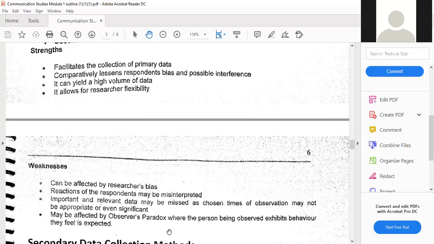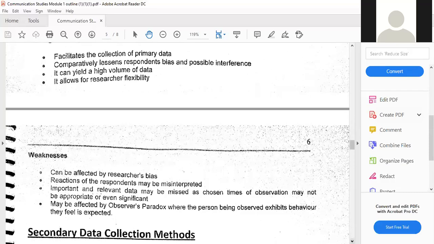So based on the culture of the place or the person you are observing, you might be off. You might miss the juicy parts based on when you go there. And it may be affected by the observer's paradox, where the person being observed exhibits behavior they feel is expected.